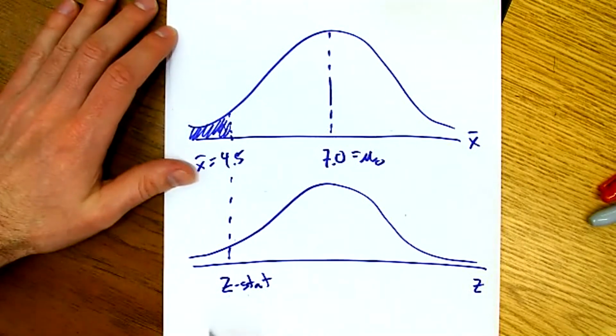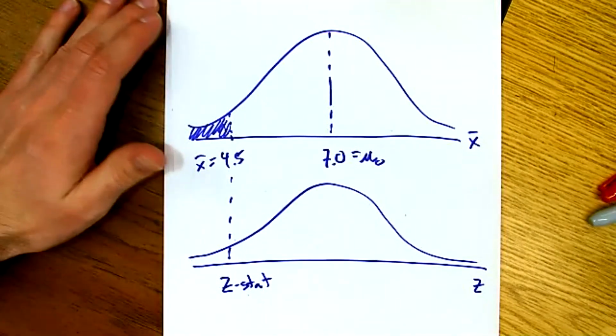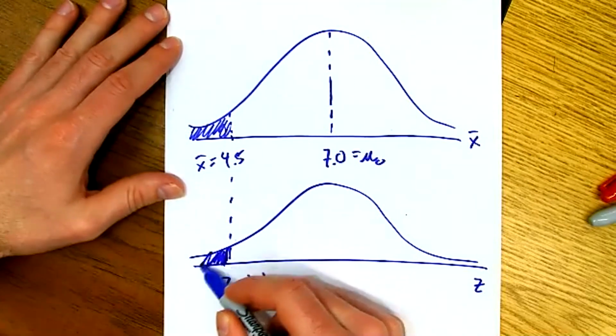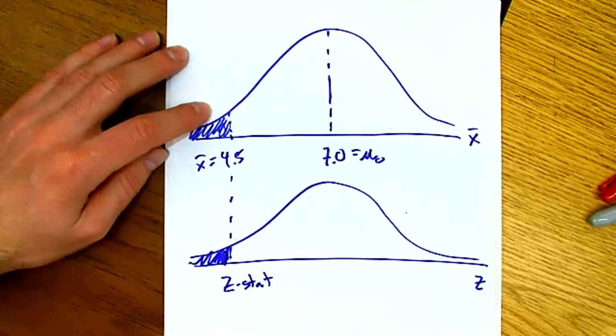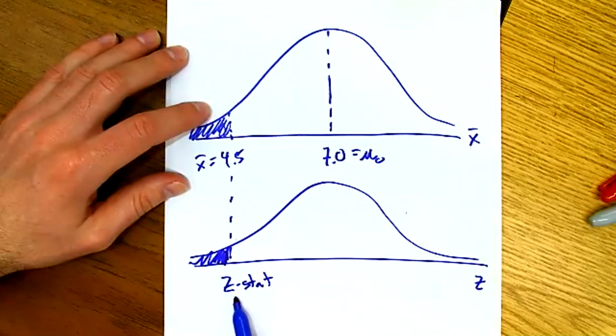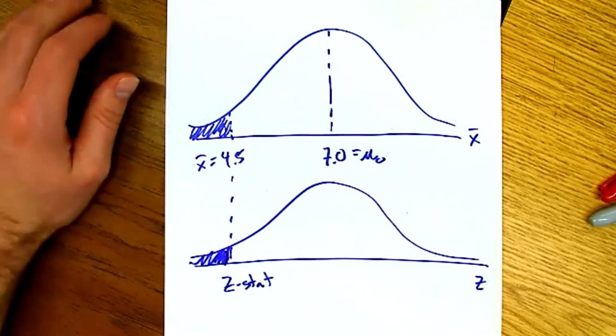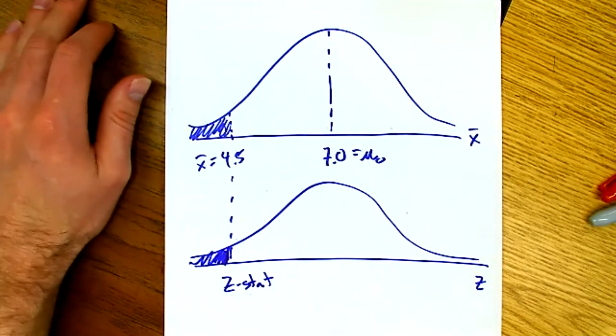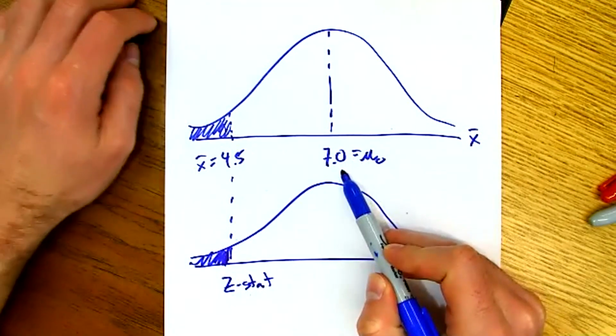Once I have that z value, I can go to the standard normal table, look it up, and it will tell me the area to the left, or the probability that I saw something this many standard deviations away, right? Because that's what a z value represents, the number of standard deviations away from the assumed true mean.